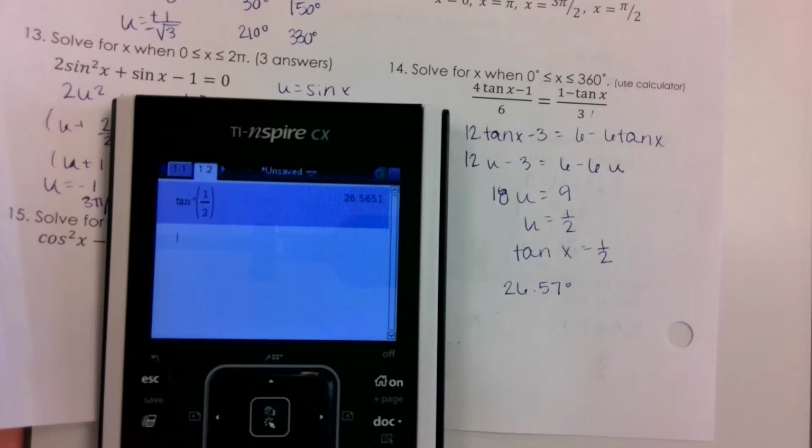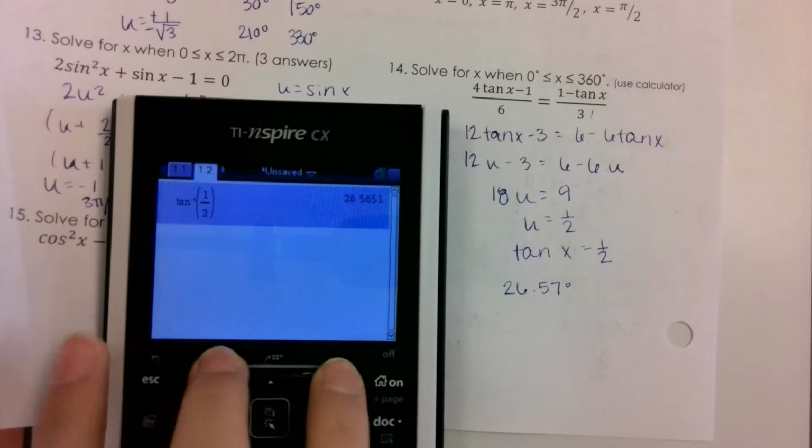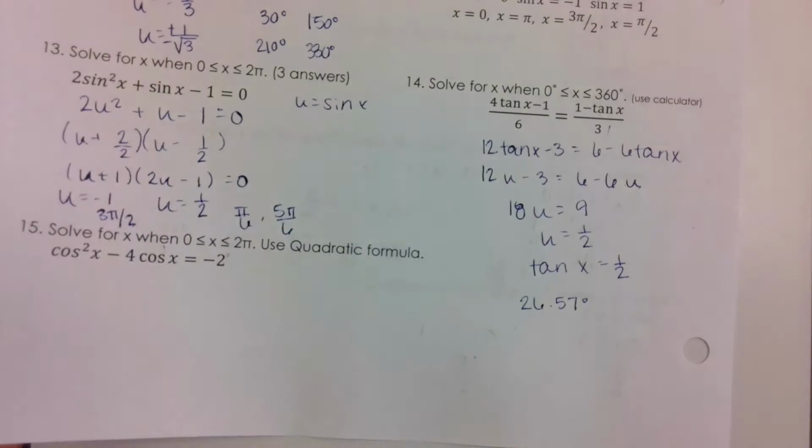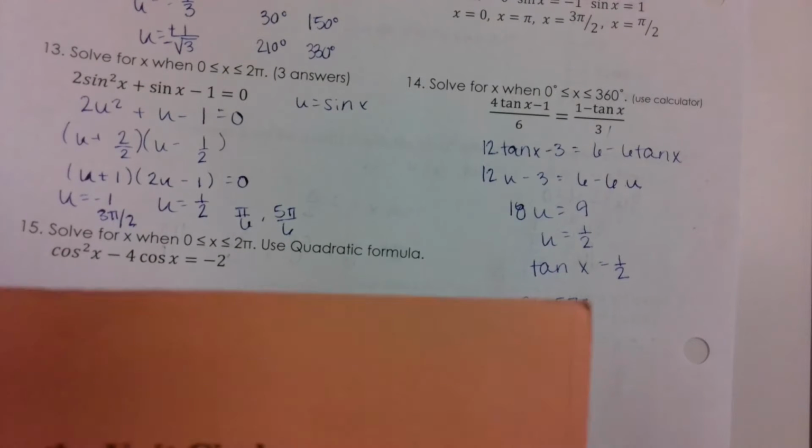And we know that tangent is restricted to just negative pi over 2 to pi over 2, right? So we have the whole other half of the unit circle that's not been considered by your calculator. So we have to find that other angle as well. Where tangent is 1/2, where else is tangent going to be positive?